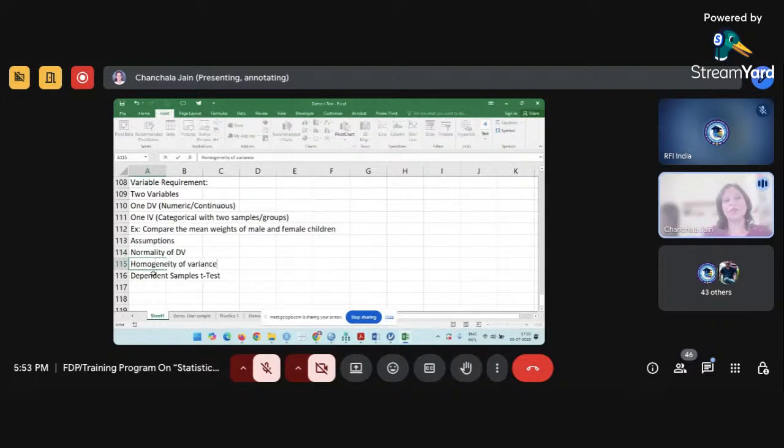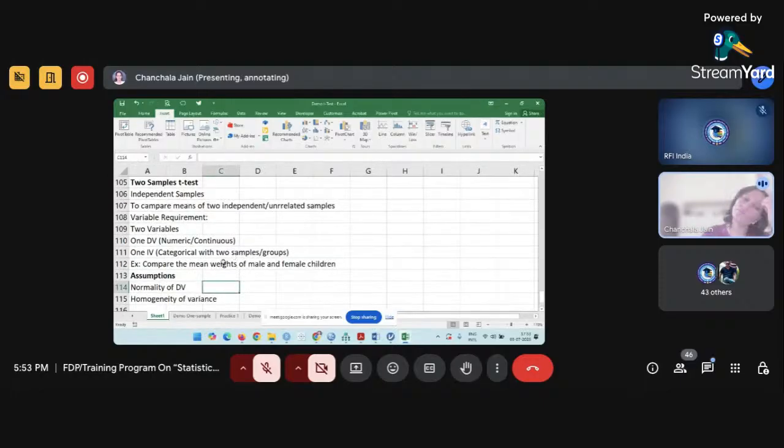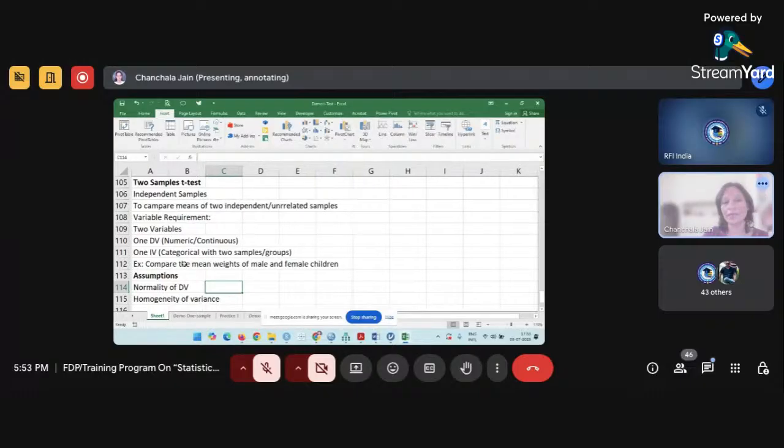These are the two assumptions which we generally need to check before performing the independent sample t-test. If data is fulfilling these assumptions, that means you can go and perform the t-test, right? Is it clear? Independent sample t-test is clear to everyone?